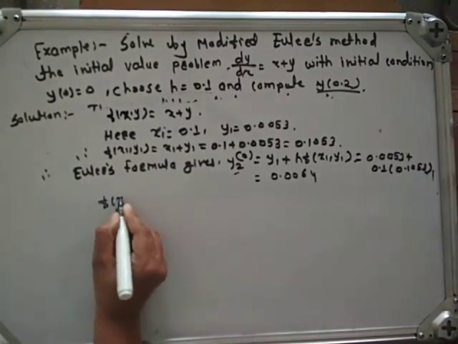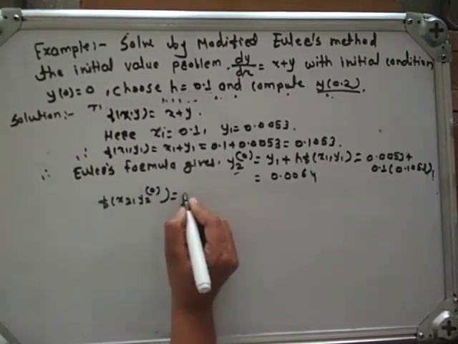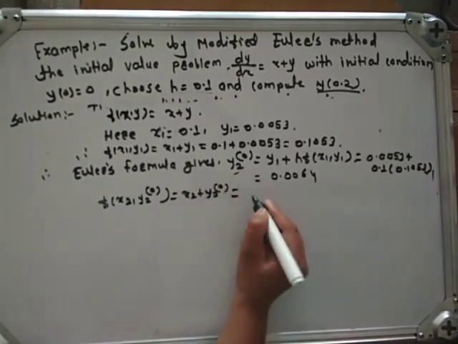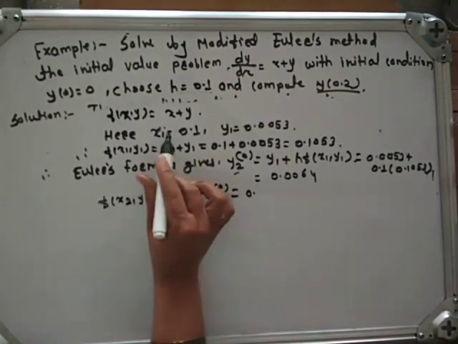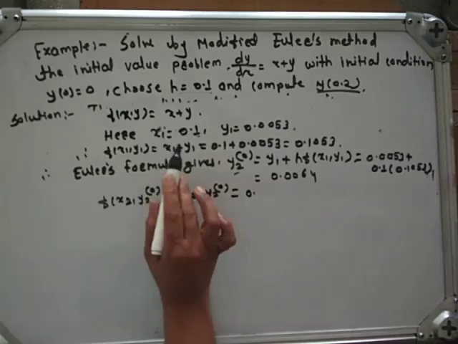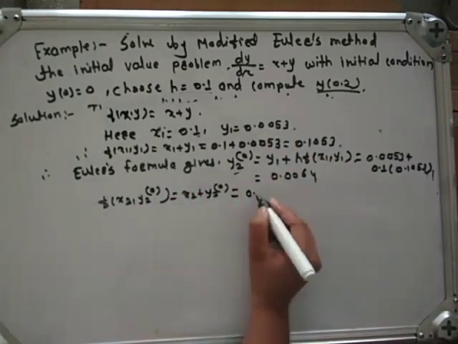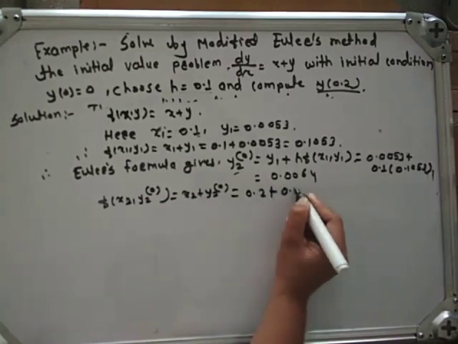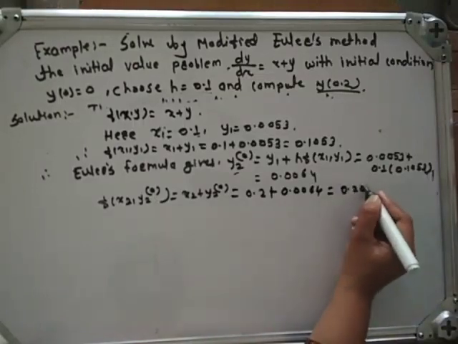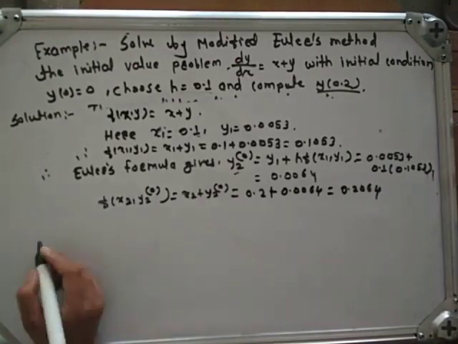So we get f of x2, y2 0, which is x2 plus y2 0. If x1 is 0.1 and h is 0.1, then x2 is x1 plus h, so x2 is 0.1 plus 0.1, which is 0.2, plus 0.0064. This is equal to 0.2064. This is f of x2, y2 0.